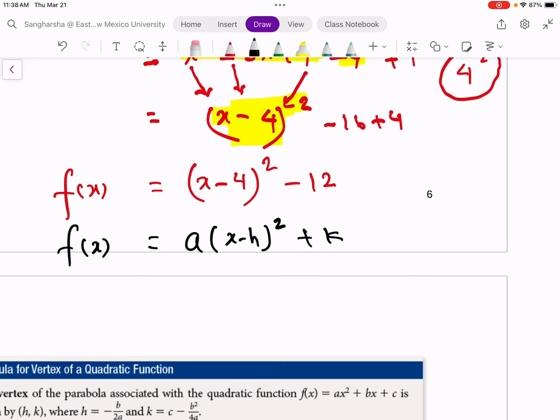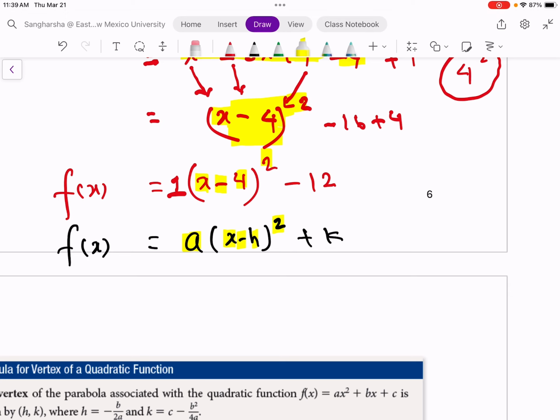If we compare, what do we have for a? 1, right? A is the coefficient of this parenthesis. If there is nothing, it's 1. For x we have x, for the negative we have negative, and for h we have 4, so our h is 4. Now here we need a positive, but we have a negative.